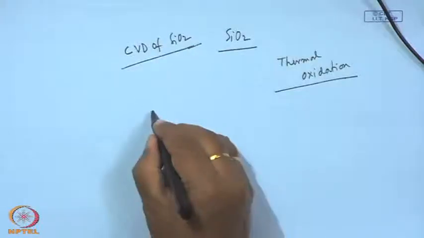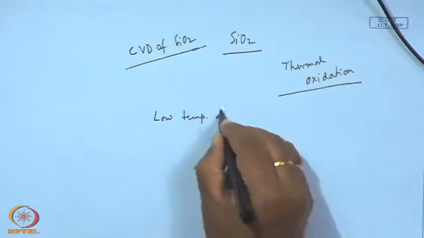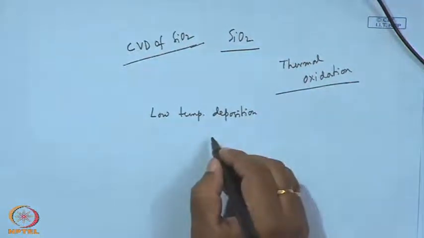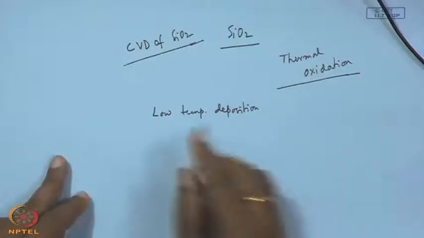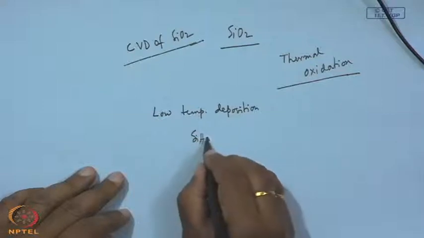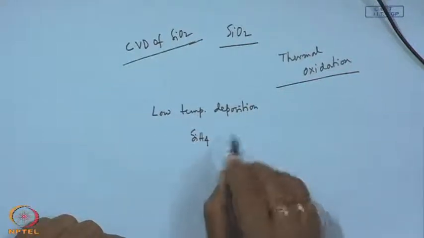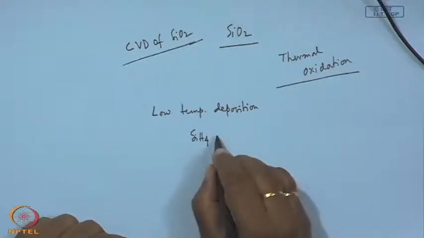In the low temperature deposition, we can use silane. The basic ingredients, the precursors or reactants, is silane, SiH4. It is basically the decomposition of silane that takes place at this temperature.